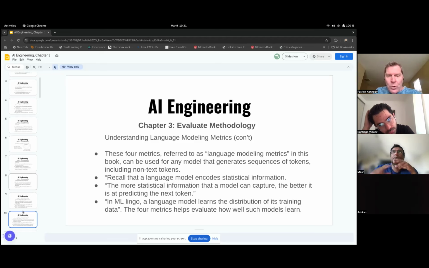So multimodal, it's not all text. Sometimes we have different models out there, like a system to help you draw.